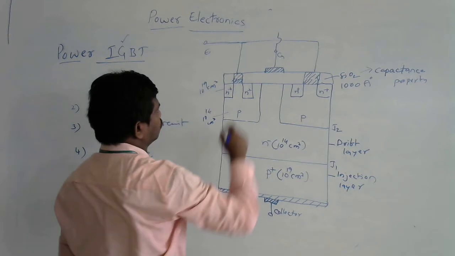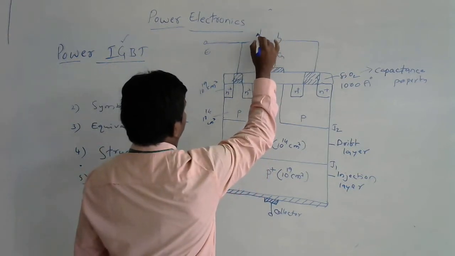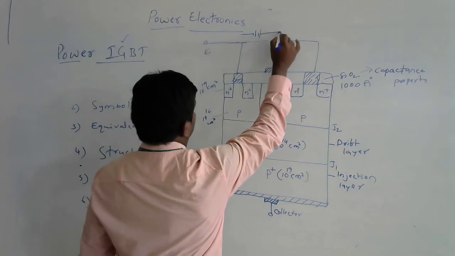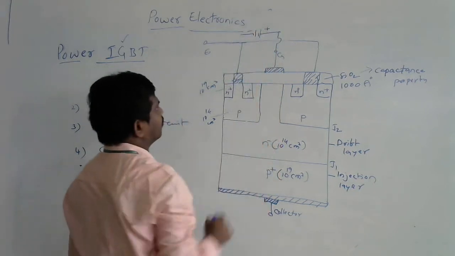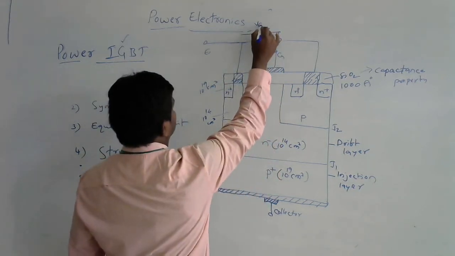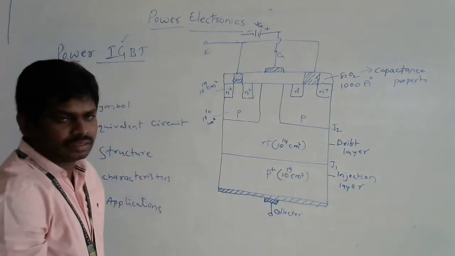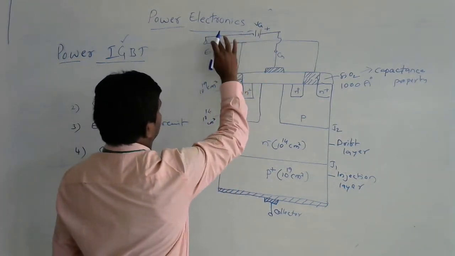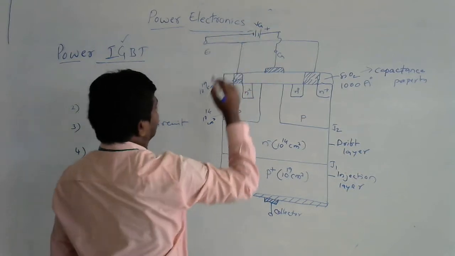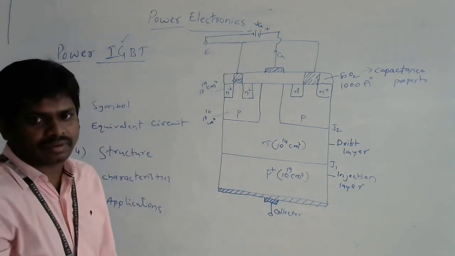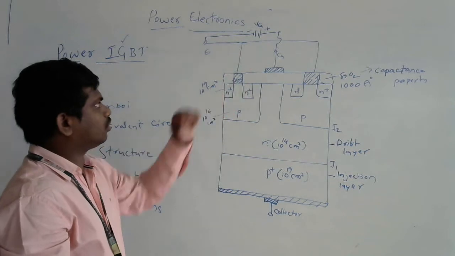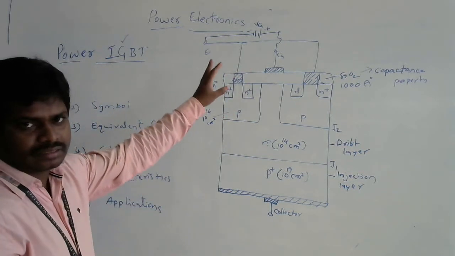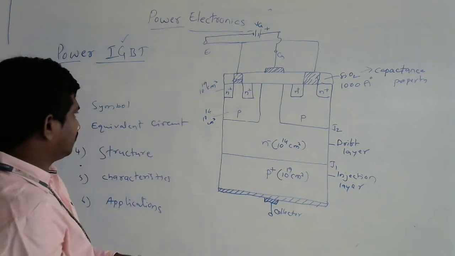Whenever the gate is connected to the positive of the battery, like this is plus, this is minus, I am calling this the VG voltage. The emitter is connected to the negative terminal of the battery, but the gate is connected to the positive terminal, and I am calling that voltage VG.